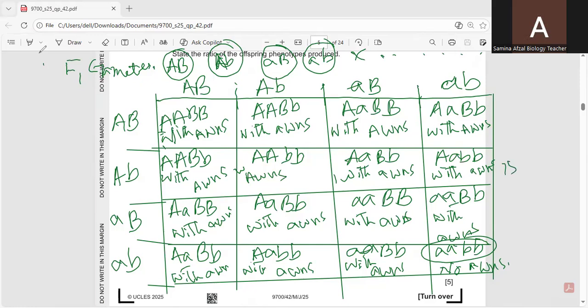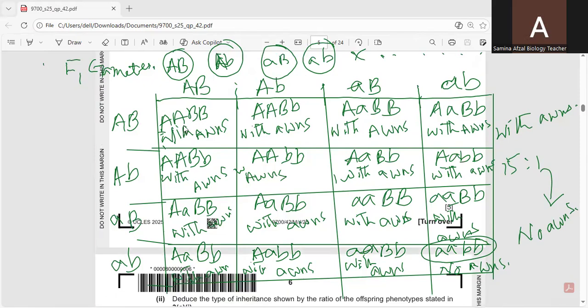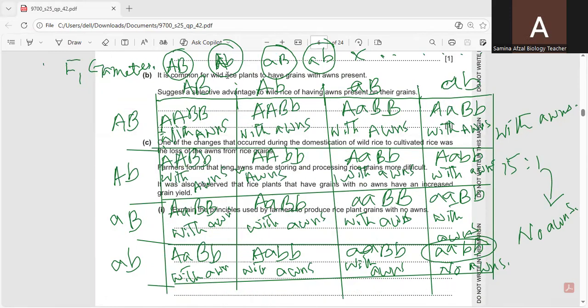The ratio can be 15:1, so in this case 15 with awns and 1 with no awns. So it was all about this Punnett square.